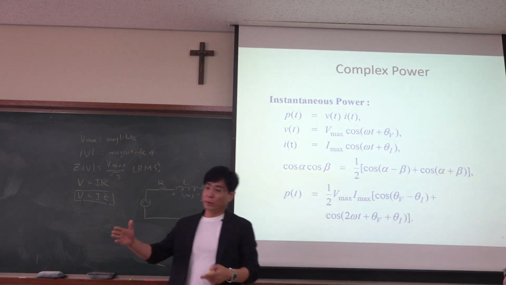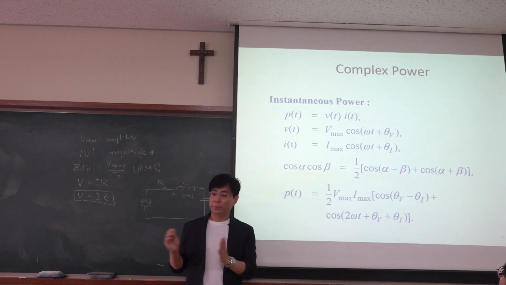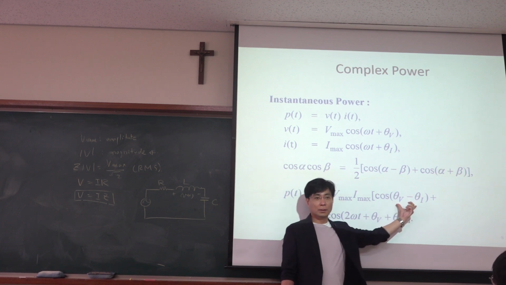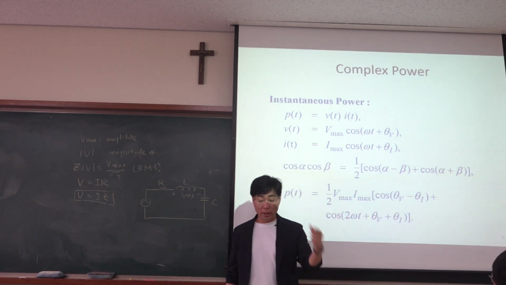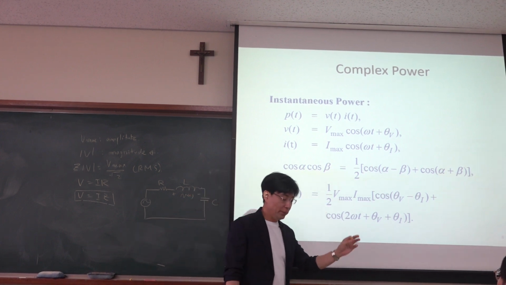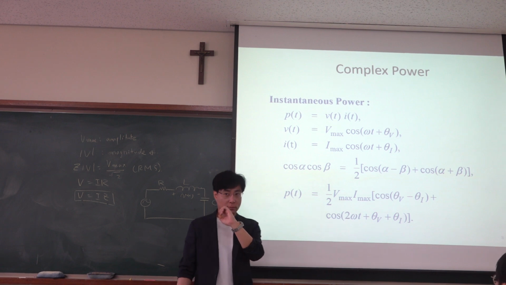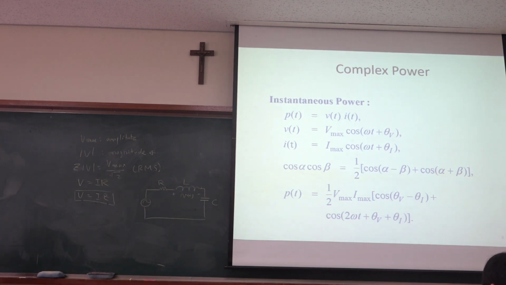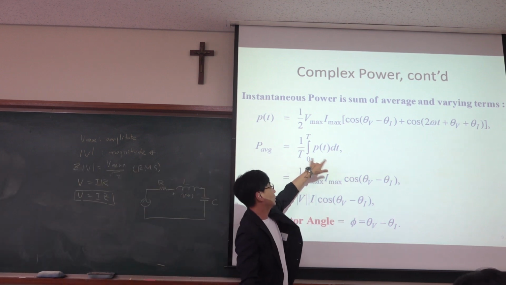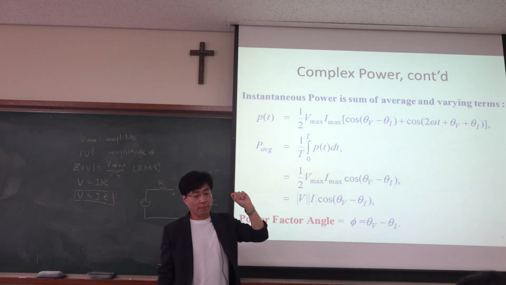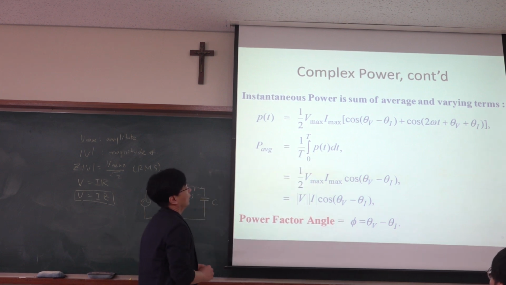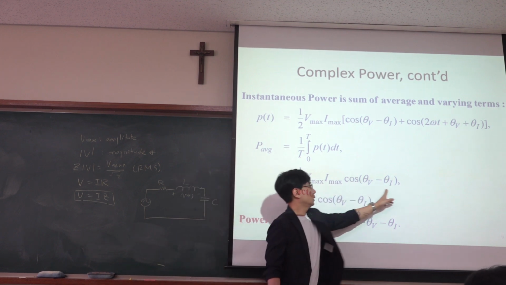So if you take the integration of that instantaneous power over one period, then you only have this term. The sinusoidal wave integrated over one period is 0, obviously. So now I want to take the average power, not instantaneous power. So take the integration and take the average. Then you only have this term.